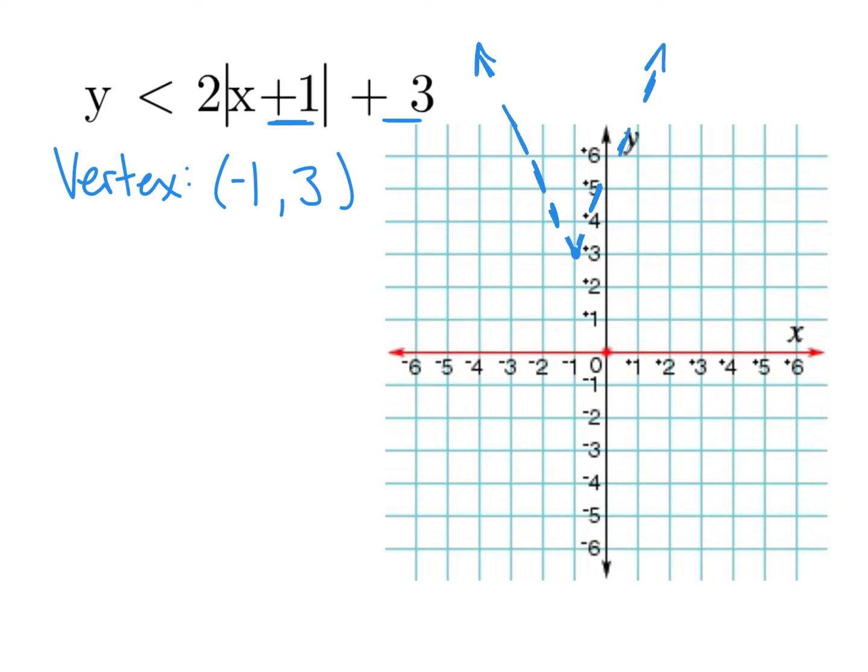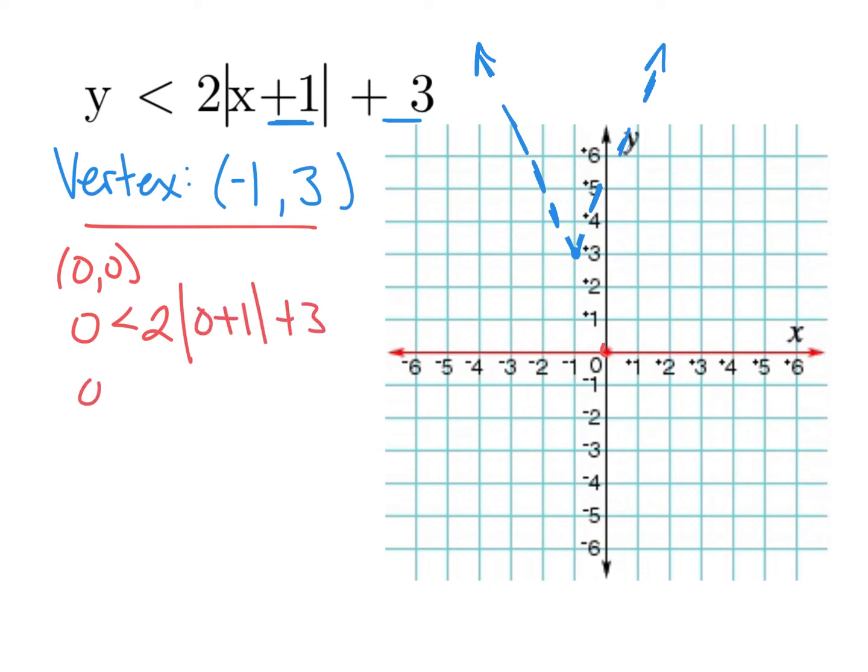Lastly, we want to determine which side of our graph we're going to shade. So we pick a point, again, since (0, 0) is not on our curve. Why don't we test that one and check it out. Is 0 less than 2 times the absolute value of 0 plus 1, plus 3? Well, 2 times the absolute value of 0 plus 1 is 2 times 1, which is just 2.